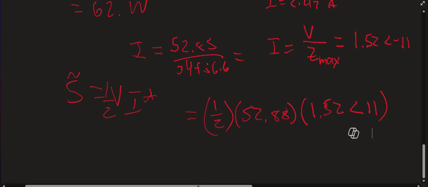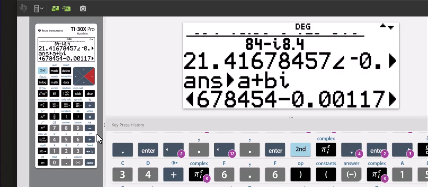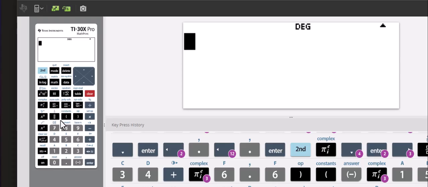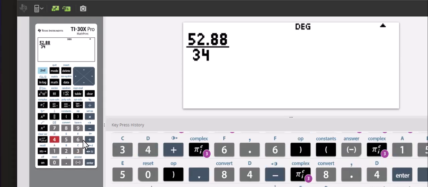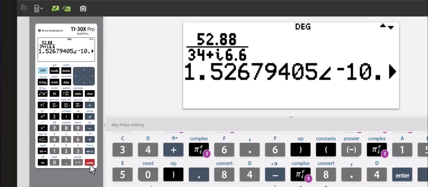And by the way, in case you are like me and anytime you enter a number into a calculator, you stand a chance of doing it wrong, here is what I did on this calculator: 52.88 over 34 plus j 6.6, and that's my current. I try to retype as little as possible.